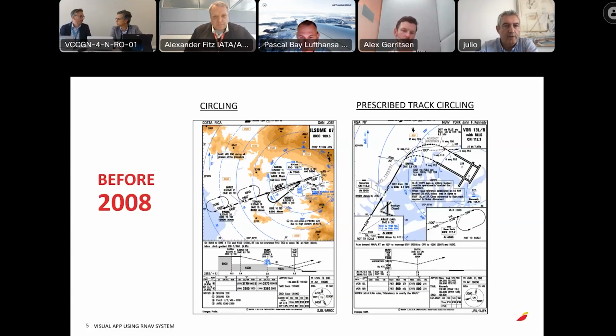As I told you before, 25 years ago, on the left-hand side chart, we had an approach to runway 07, and then we have only a circling, we can call a standard circling. In those days, we had a lot of examples with prescribed track circling in other fields, but Costa Rica had only the standard circling. As you can see in the chart, it was demanding with mountains around and high elevation, so it was not an easy approach. In the old days, we used to fly with the Airbus 340.